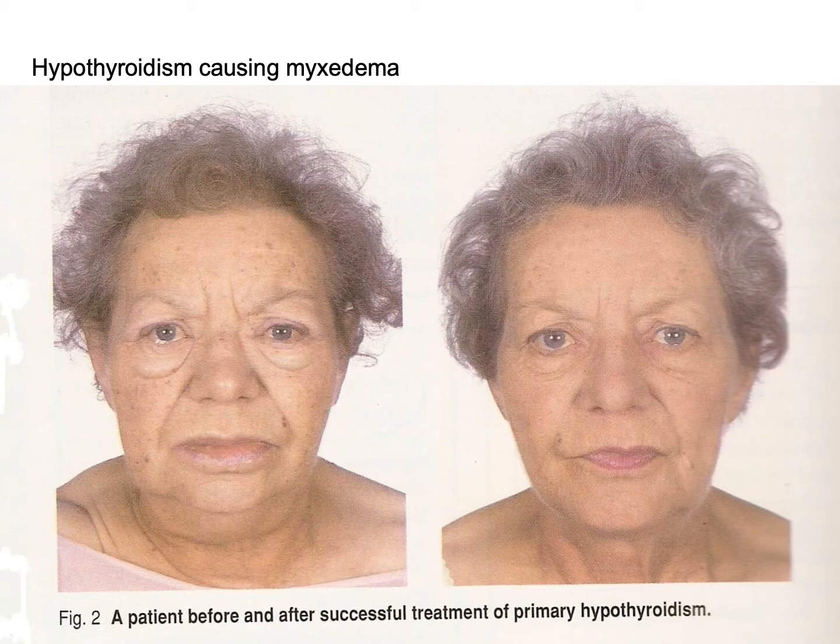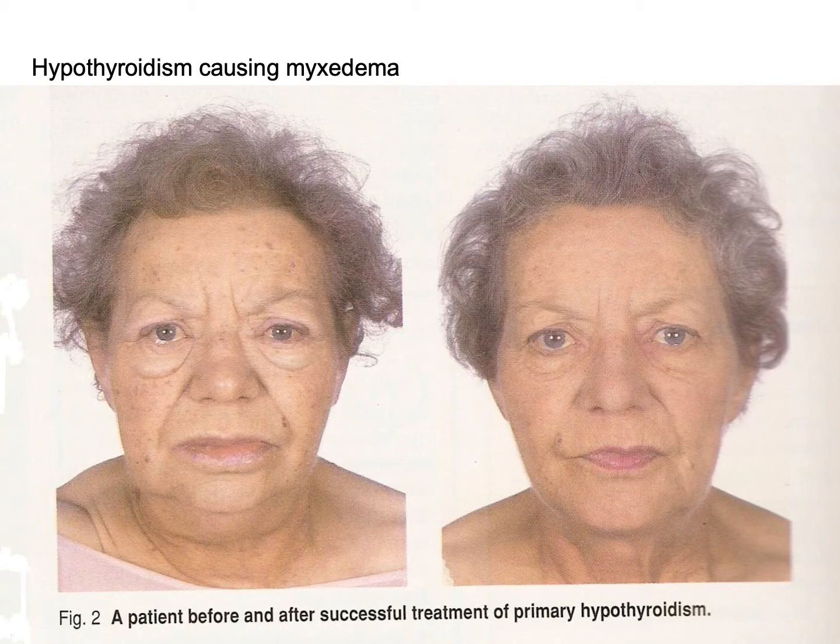I have a picture of that in just a minute, but this is a picture of a person that has hypothyroidism and has myxedema. I don't think I went into enough detail on that on the last slide, but it causes fluid to actually start building up under the skin. On the left-hand side, this is before she gets treated. Treatment for hypothyroidism is just you take a pill of thyroxine.